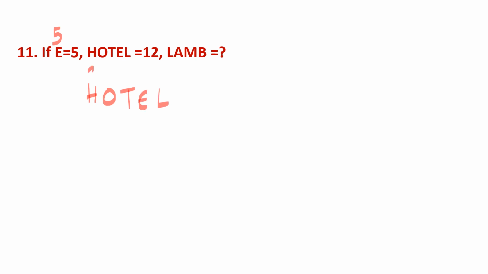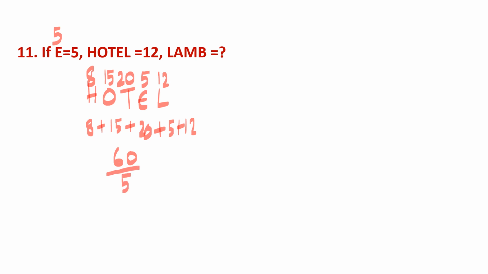H is 8, O is 15, T is 20, E is 5, L is 12. 8 plus 15 plus 20 plus 5 plus 12, that is equal to 60. 60 by 5. 5 is nothing but the number of letters in the word hotel. 60 by 5 means 12.